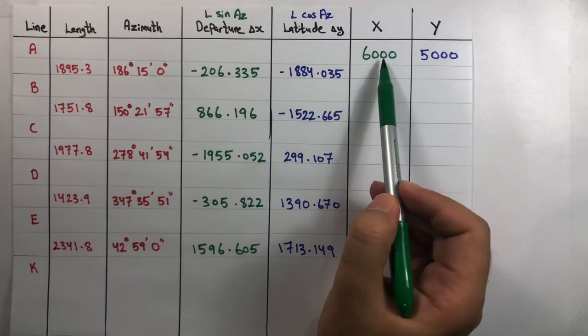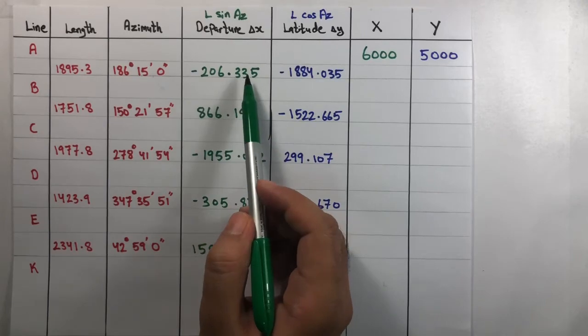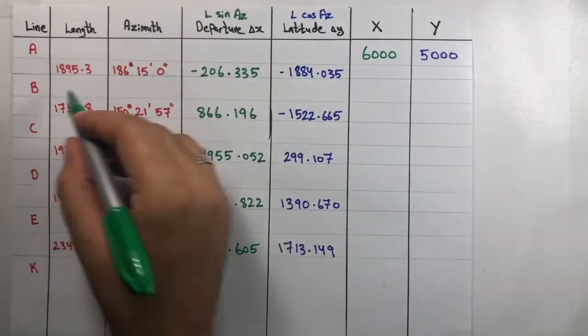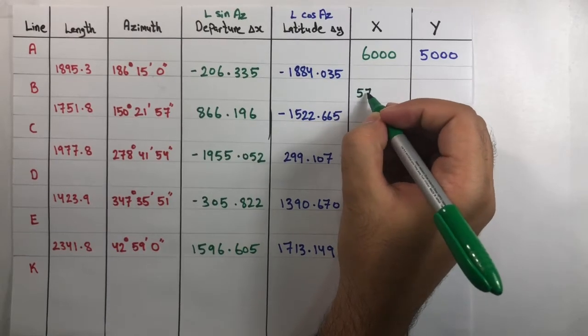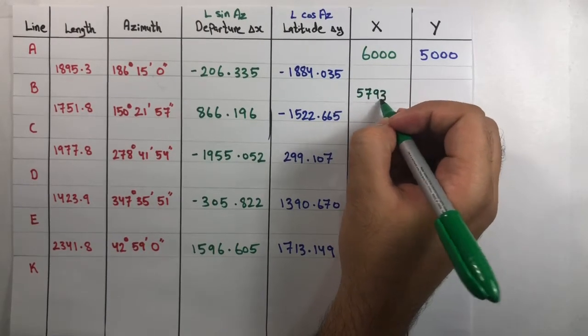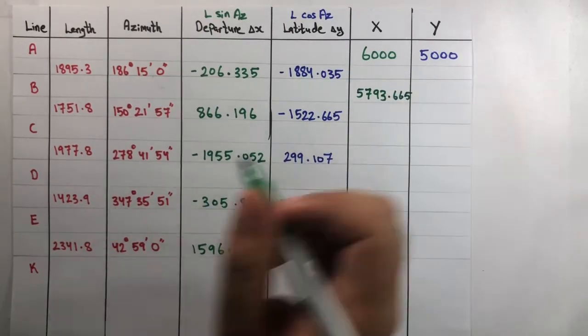So when we say 6000 minus 206.335, we'll get the x coordinate of point B, 5793.665.